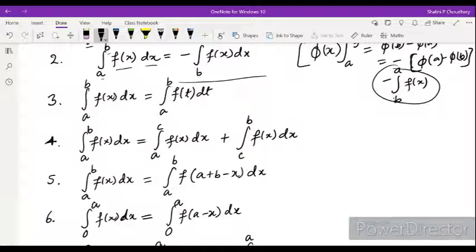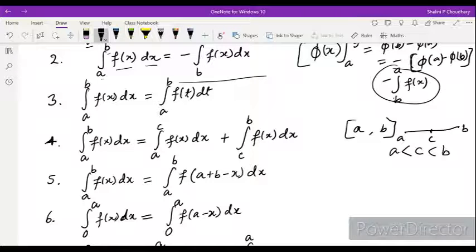Property number 4: if the interval is a to b, just imagine a is a point here and b is a point here, and in between them c is there. It means a should be less than c and c should be less than b. Then a to c plus c to b will be a to b.